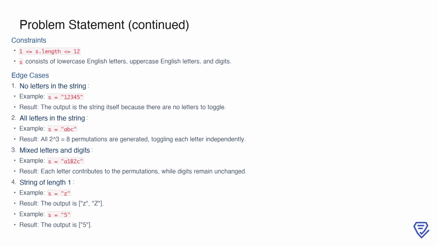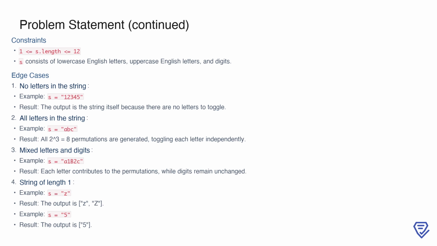The problem comes with a few constraints and edge cases to consider. The length of the string S is between 1 and 12, and it can contain a mix of lowercase letters, uppercase letters, and digits. For edge cases, if S has no letters, like in S equals 12345, the output is the string itself since no toggling is possible. If all characters are letters, like S equals ABC, every letter contributes to the permutations, resulting in 2 cubed, or 8, combinations.